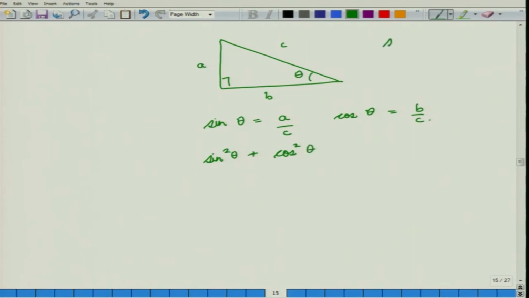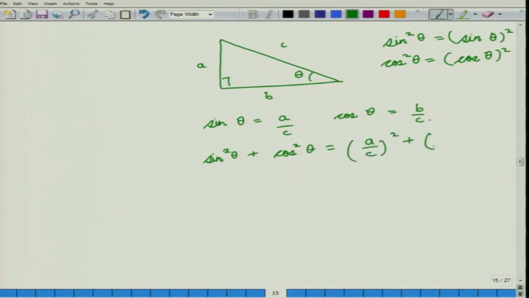So, when we write sin square theta, it means sin theta whole square, and cos square theta equals cos theta whole square. So, sin square theta plus cos square theta will be (A by C) square plus (B by C) square equals (A square plus B square) upon C square.